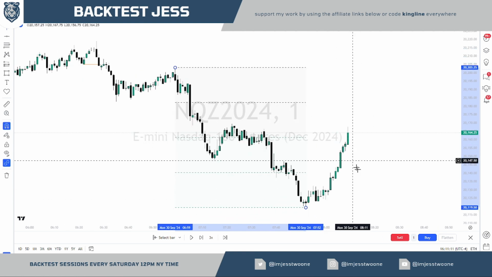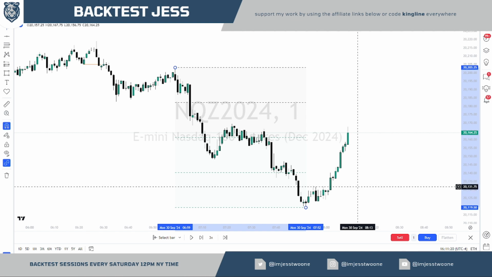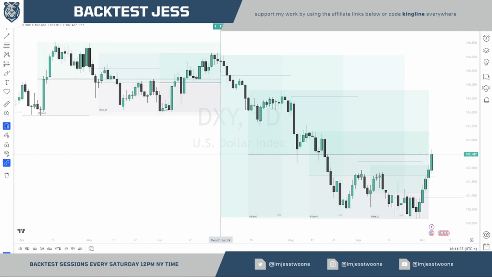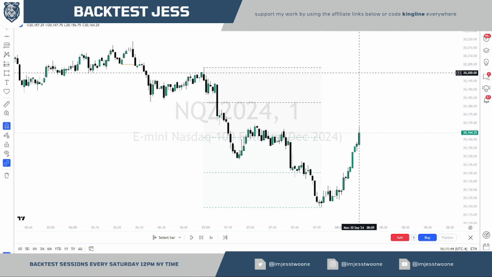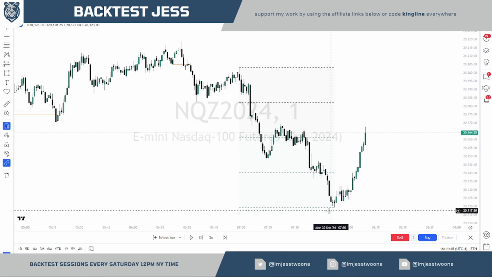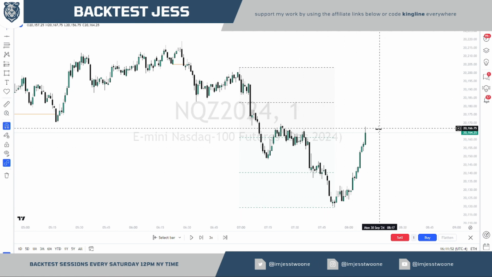Because of the time of the day, and again, I don't want to add on concepts here, I really just want to keep it to framework based on premium and discount. But because of this time of day here, 7 o'clock is the 4-hour open. Yes, 7. It's the 4-hour open for DXY, right? So 7:30 is actually where ICT teaches OTE originally.